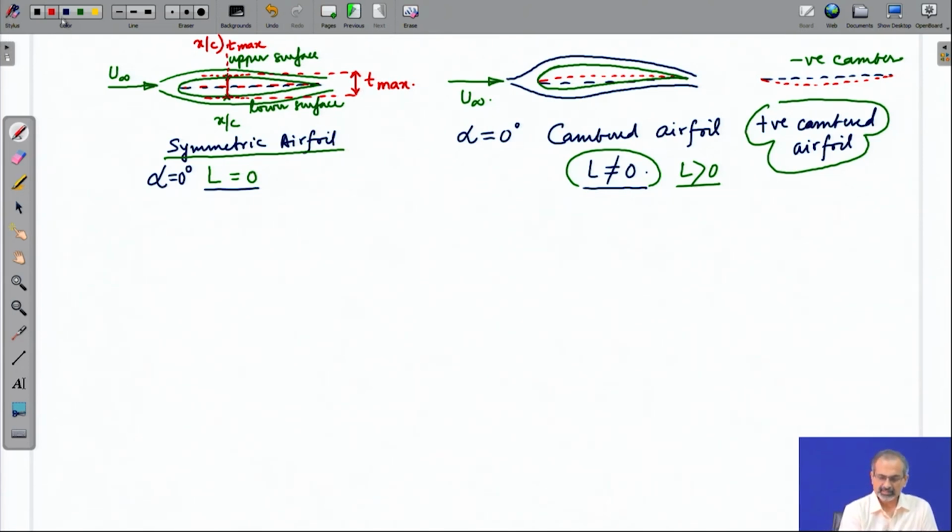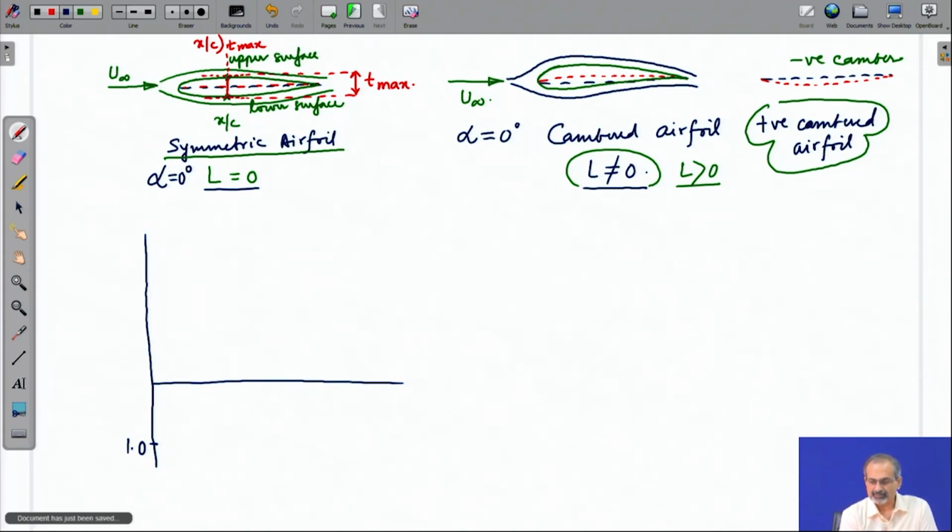Now, as we said, we would like to have a look at the pressure distribution. Let us try to make some plots to understand how it looks. When the flow approaches the airfoil and comes close to the leading edge at alpha equal to 0, you get a stagnation point.